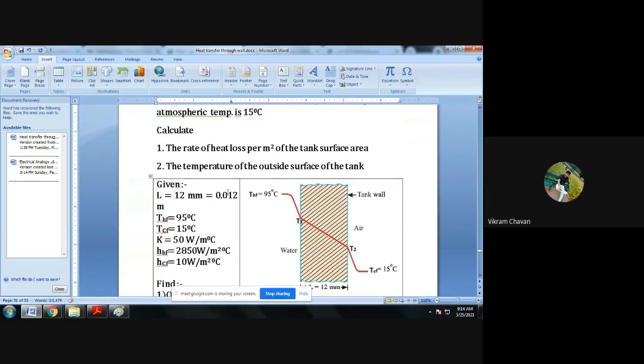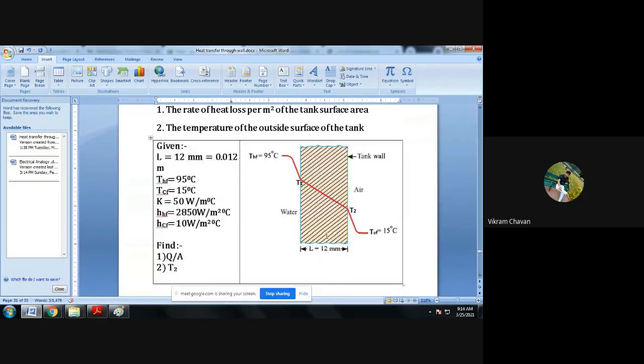So we can draw this diagram easily. We have to show the wall thickness of the tank. This is the tank wall, and inside that tank wall water is present, and this water is having the temperature of 95 degrees Celsius.